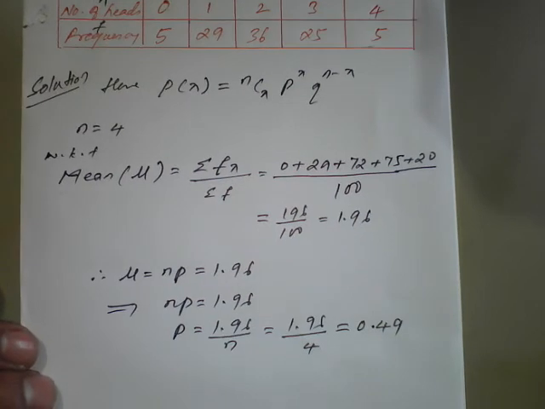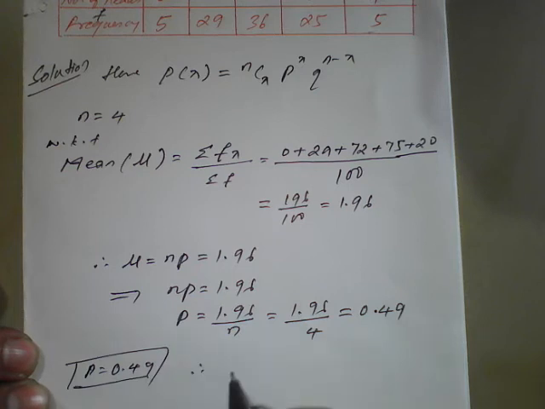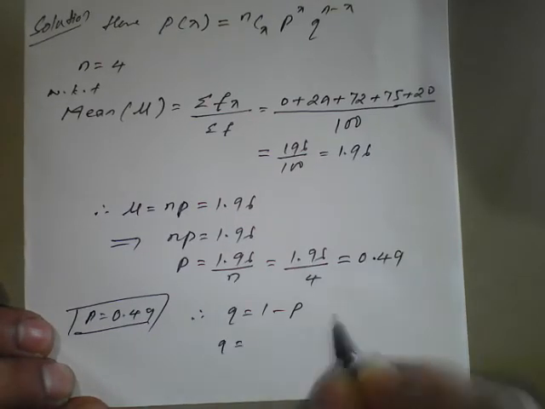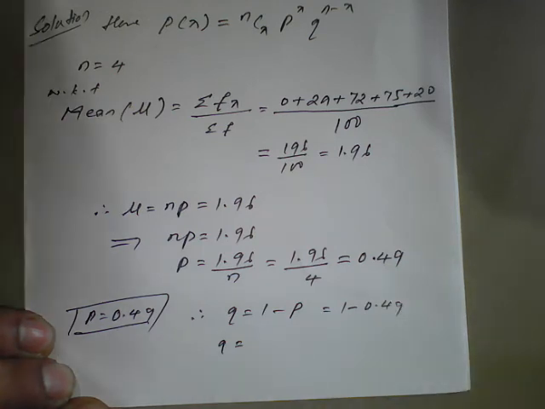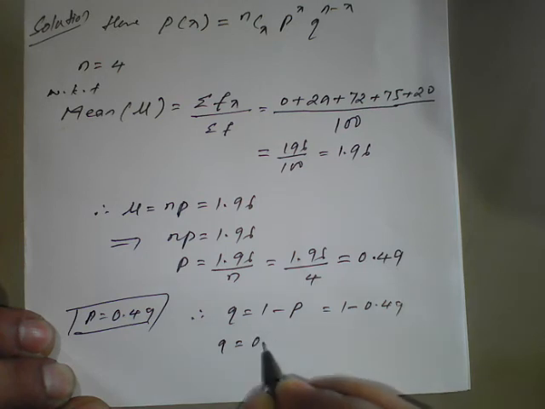Now once we got p, which is 0.49, q is 1 minus p, so q is 1 minus 0.49, which is 0.51.